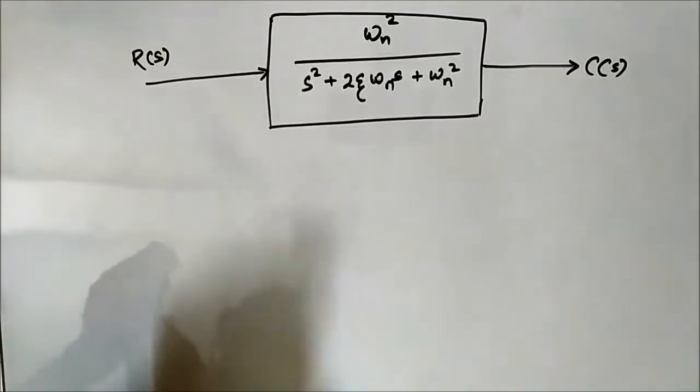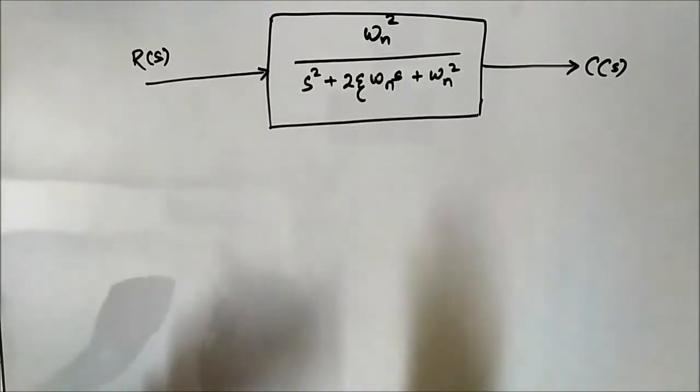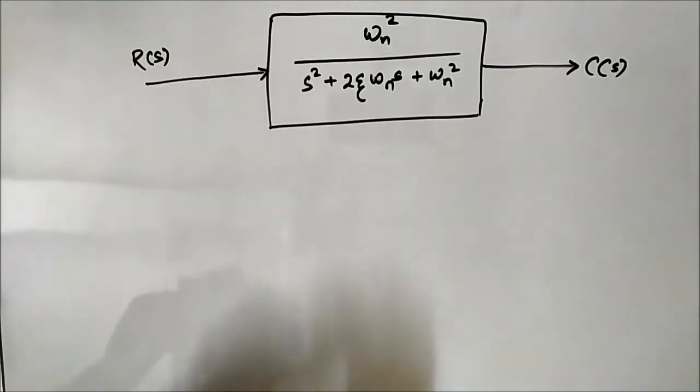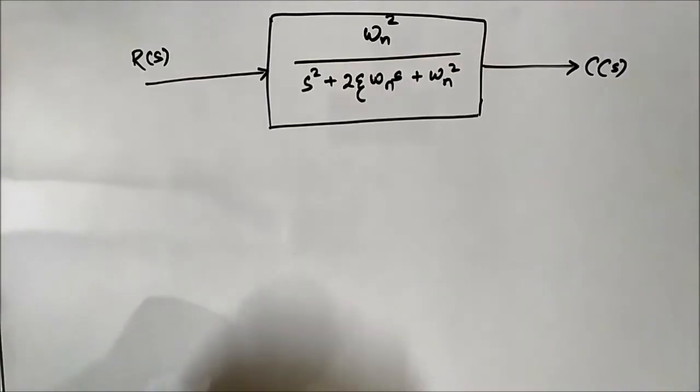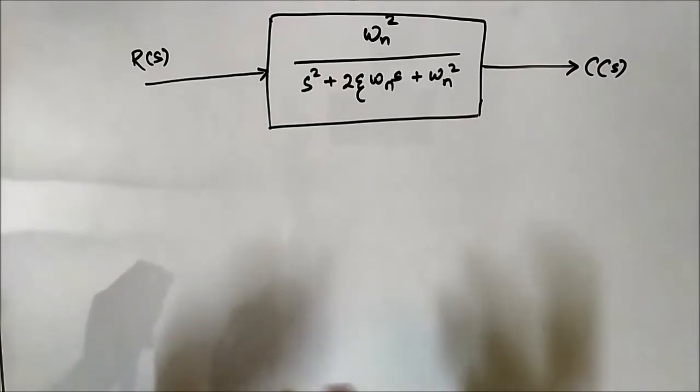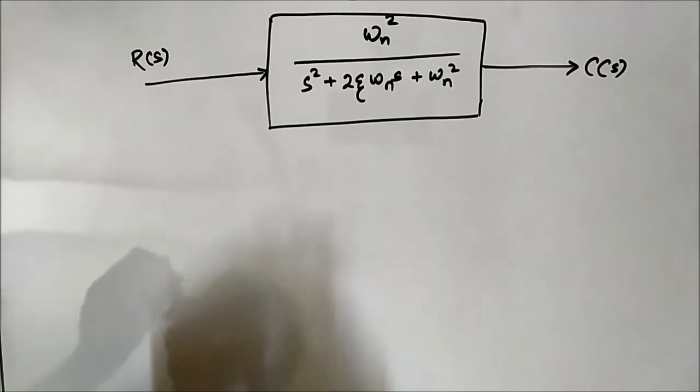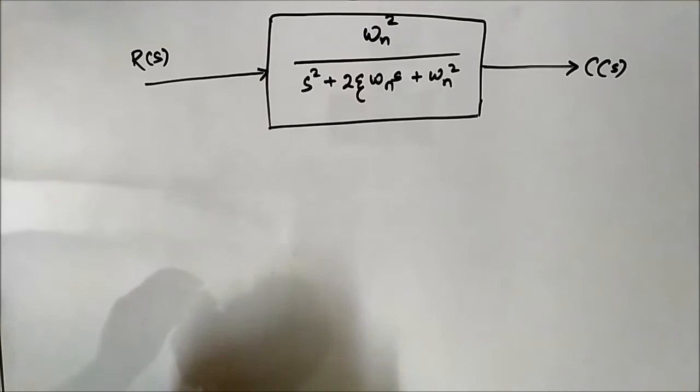So in the previous video we were introduced to the second order control system, and we discussed the various terms associated with it: the characteristic equation, the damping ratio, the natural frequency of oscillation, and the concept of damping.